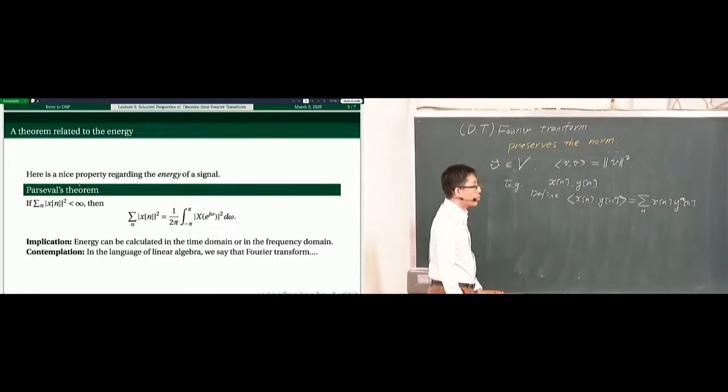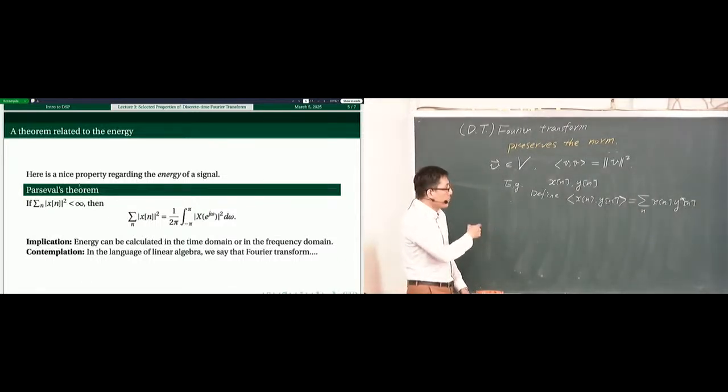For real, you don't need to worry. But similarly, in the frequency domain, we can make a corresponding definition.